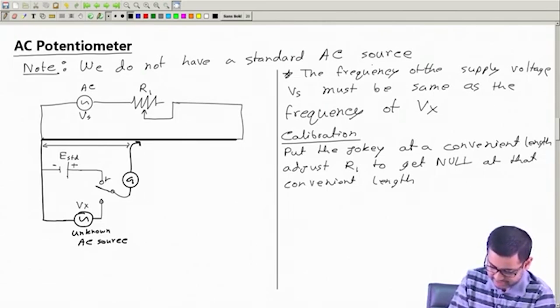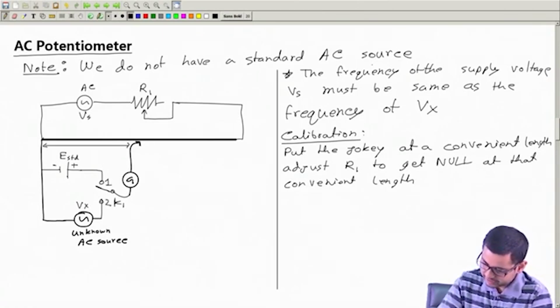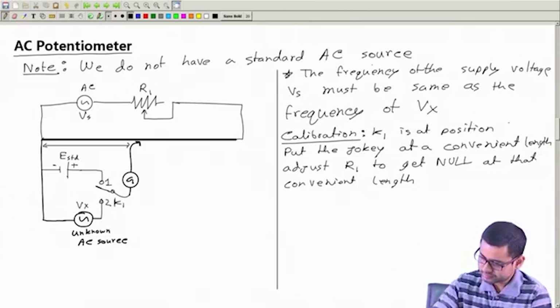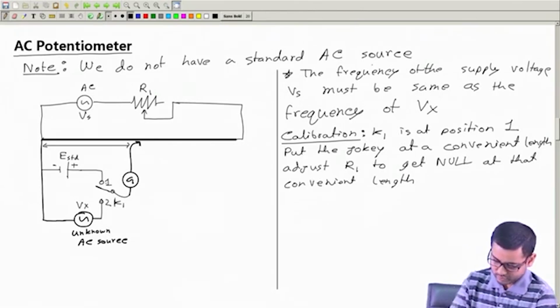Call this switch K1, and this is position 1, this is position 2. So switch K1 is at position 1 during the calibration.